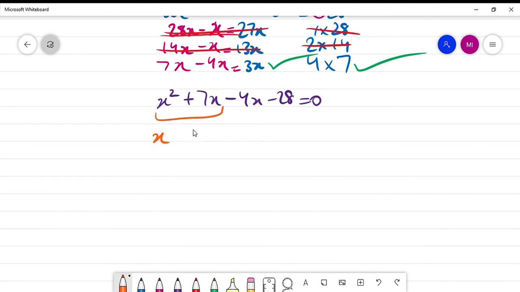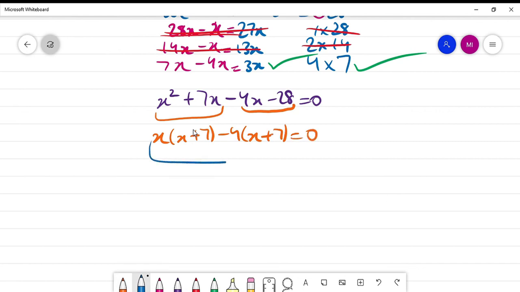So taking x common here, x into x plus 7. Taking negative 4 common here, negative 4 into x plus 7 is equal to 0. And now on the left side, the whole expression, taking x plus 7 common, x plus 7 into x minus 4 is equal to 0.